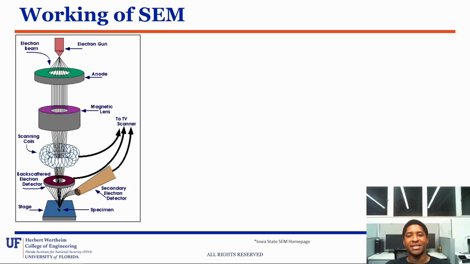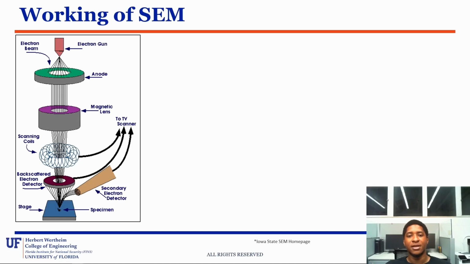You also notice that it has detectors surrounding it to pick up these signals and form an image that the user can understand. So you would ask, how exactly is the imaging process enacted?